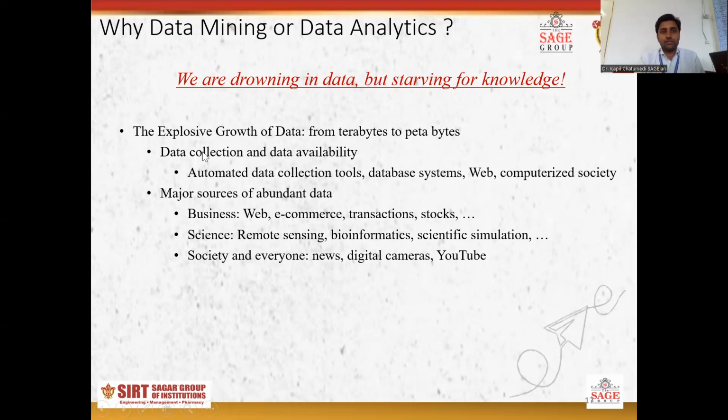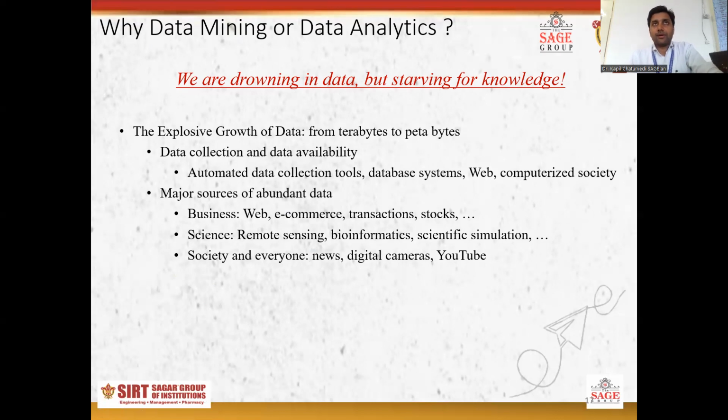The explosive growth of data from terabyte to petabyte. Data collection and data availability: automated data collection tools, database systems, web, computerized society. Major sources of abundant data: business, web, e-commerce, transactions, stocks; science, remote sensing, bioinformatics, scientific simulations; society and everyone, news, digital cameras, YouTube.